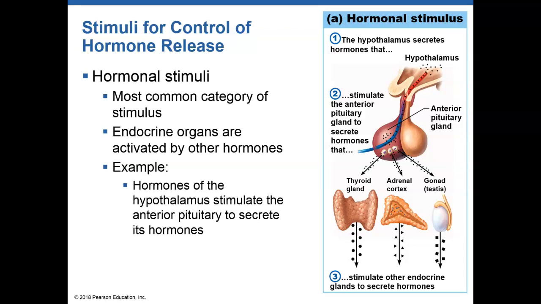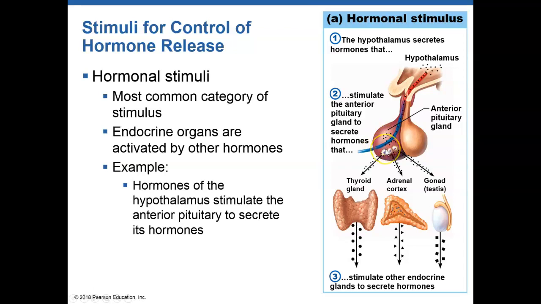Okay, so here we have the hypothalamus receiving a signal that, hey, we need some type of hormone. So the hypothalamus then sends a chemical stimulus to the anterior pituitary.